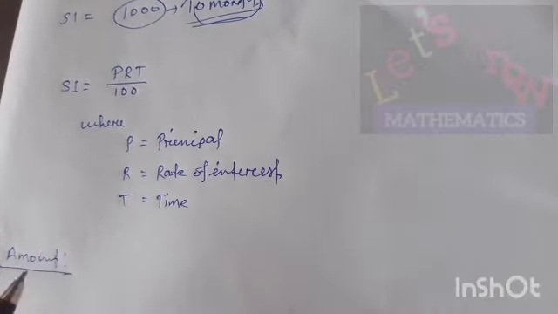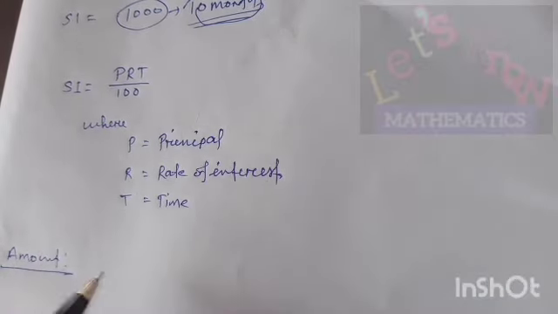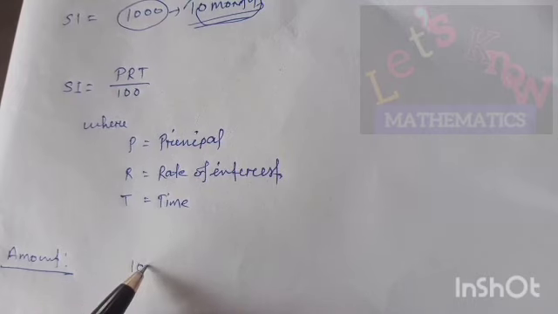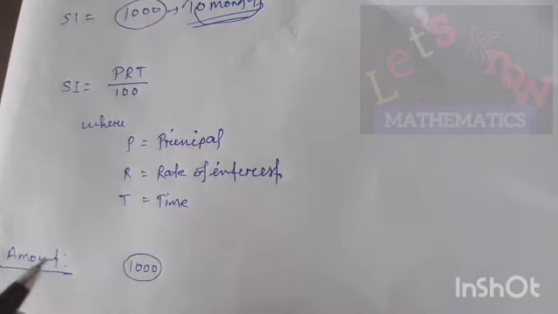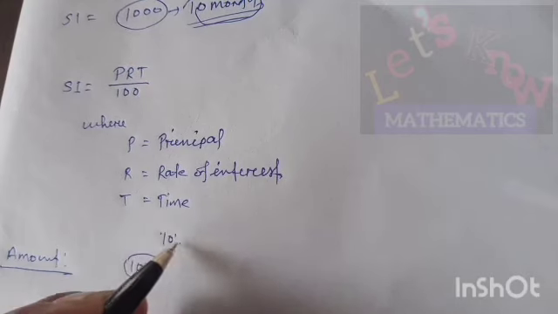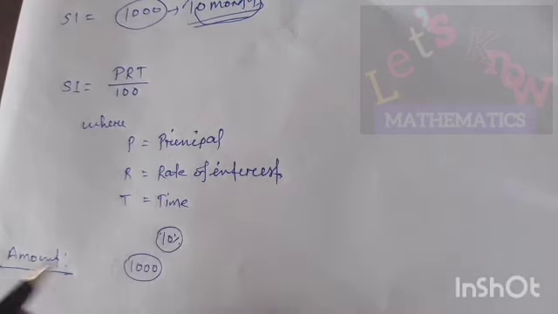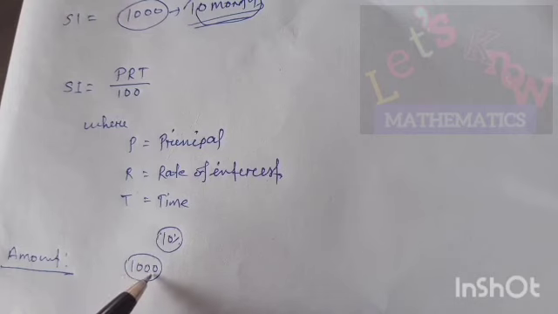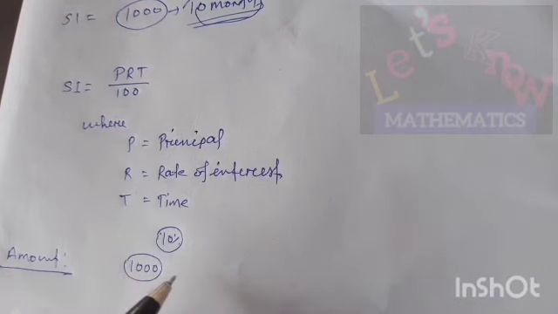That means suppose you give 1000 rupees for 1 month at a rate of interest of 10%. On 1000 rupees, if you are taking 10% interest, then 10% of 1000 is 100, right?